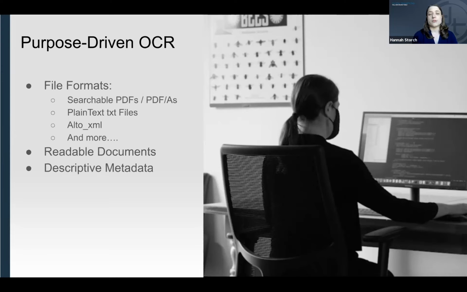Not only does it provide readable, searchable documents for internal purposes, researchers, and the general public alike, but OCR also can add to descriptive metadata in the digital record for objects. So in a recent project, we were actually able to extract folder level metadata for items by imaging the folders themselves and then OCRing the descriptive information that was handwritten on the label tab.